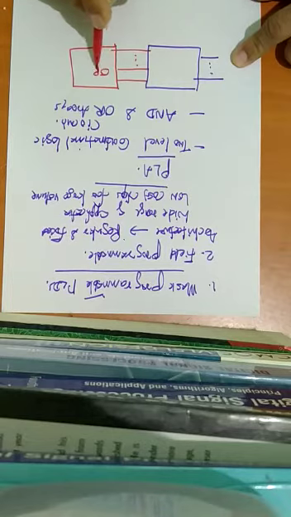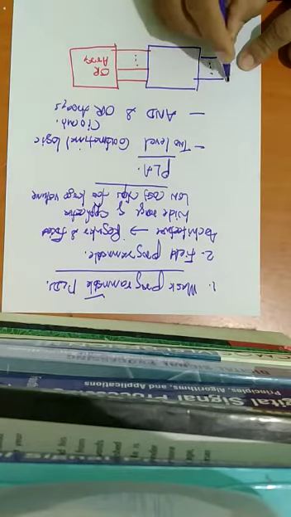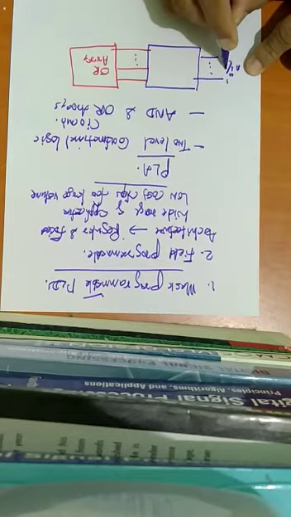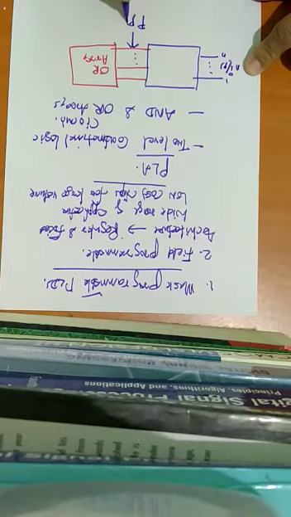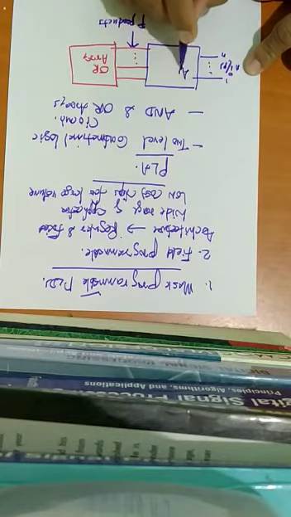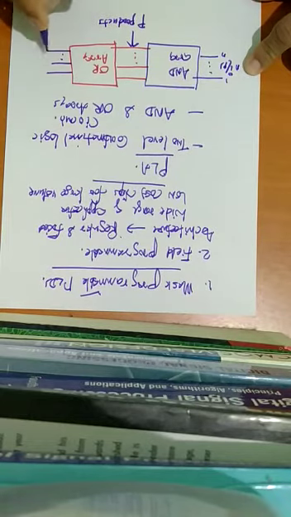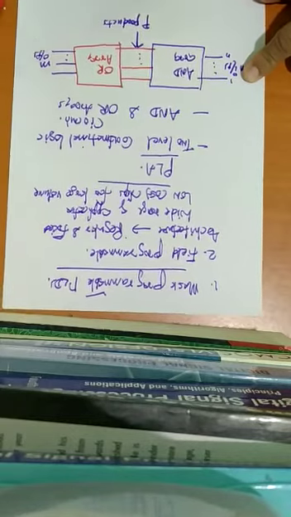So this is my AND array. It has n inputs, 1, 2, 3, n inputs, and let it have p products. And this is the OR array, with m outputs.